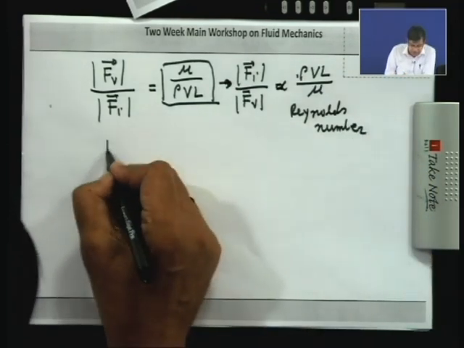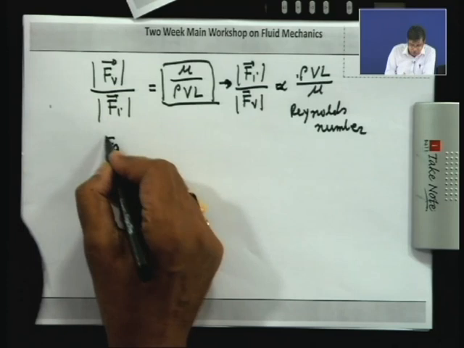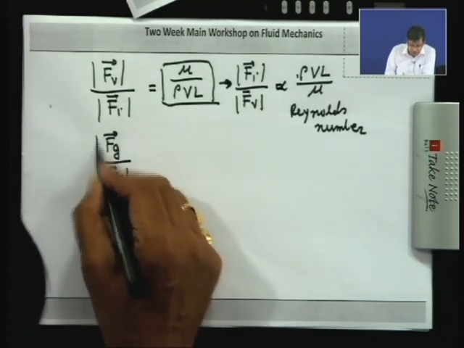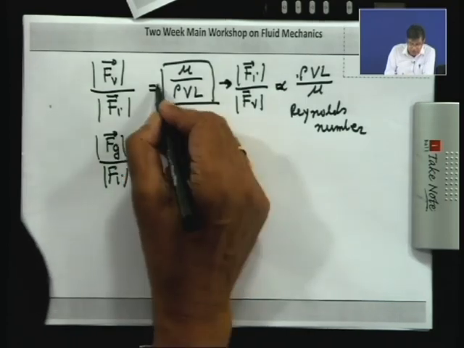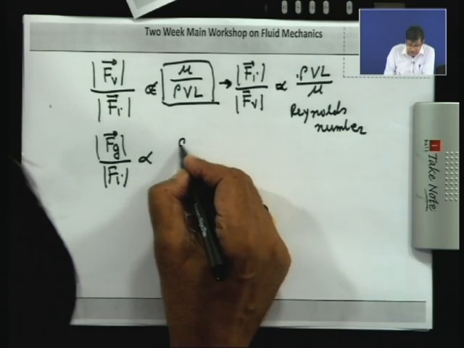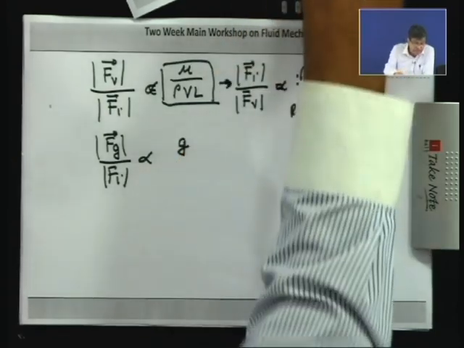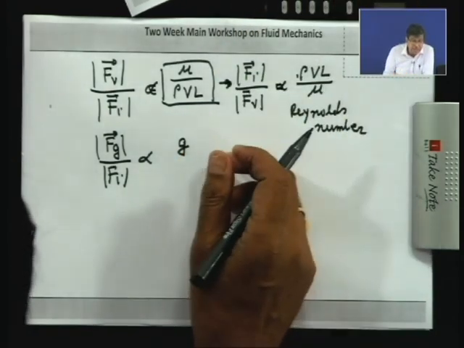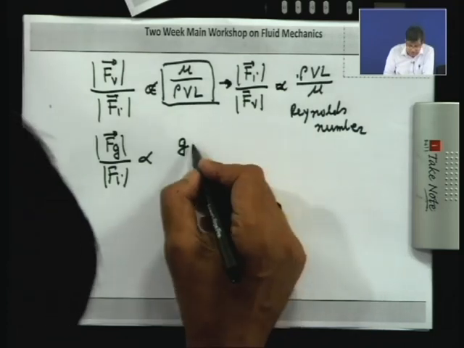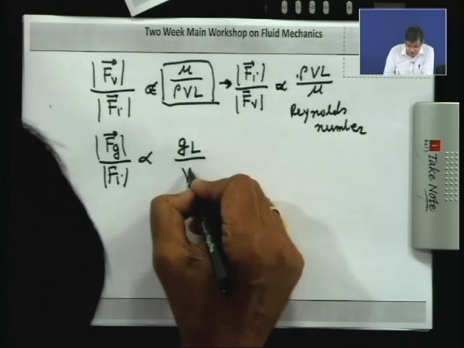Similarly, if we take the ratio of the gravity force to the inertia force, the magnitude ratio is proportional to, the gravity force is rho L cube g and inertia force is rho L square V square, that means g L by V square.